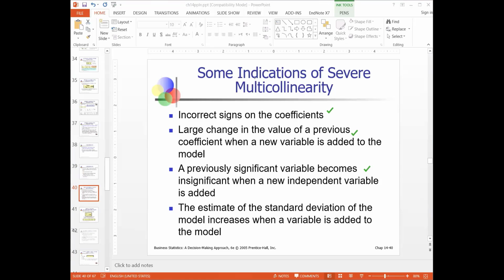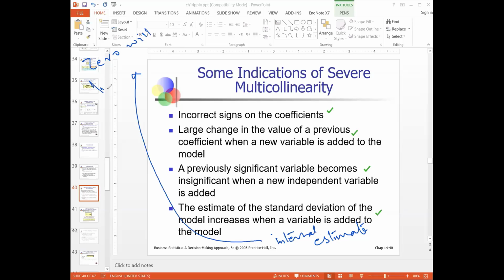So what will happen because of high multicollinearity? There is a high standard deviation. So high standard deviation means there is high interval estimate. So if there is high interval estimate, there is a high chance that 0 will lie between them.